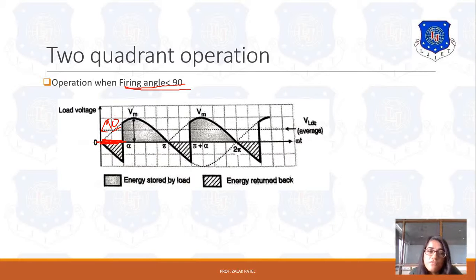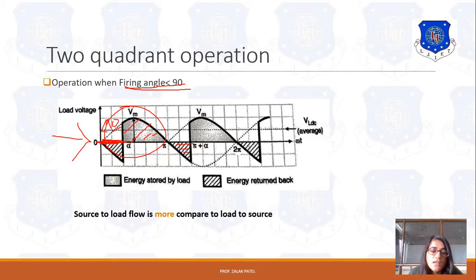But if we see this graph, we can say that the energy from source to load is more compared to the energy from load to source.